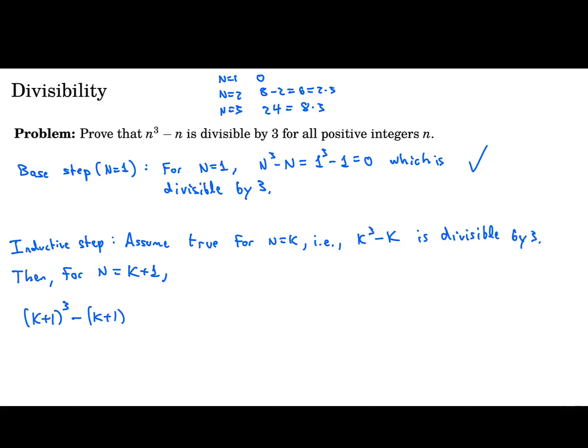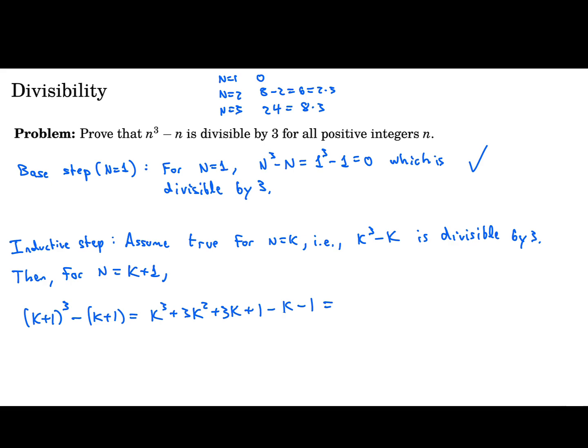Well, let's start by opening this up. That cubed, you can open it into k cubed plus 3k squared plus 3k plus 1, and then minus k minus 1. The idea now is, are we able to show that this whole thing is 3 times something?